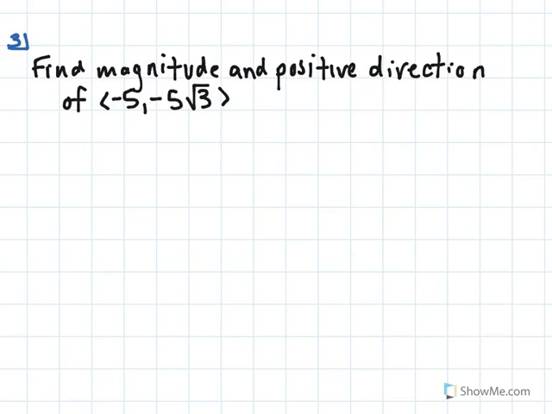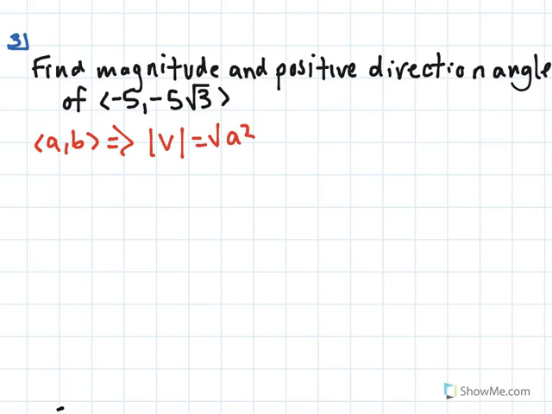So in this problem, we're asked to find the magnitude and positive direction angle of the vector <-5, -5 root 3>. So the formula for the magnitude of a vector <a, b> is written as the square root of a squared plus b squared.